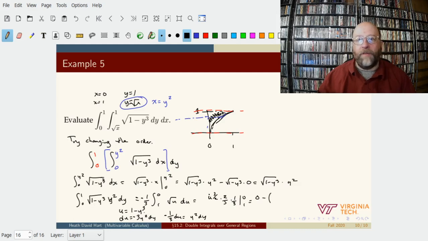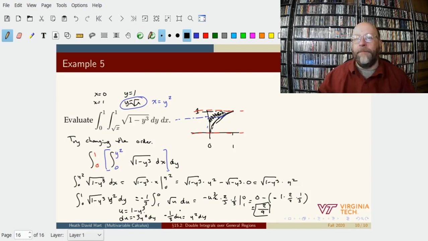And so this is 0 minus a negative. That's what I was missing. 1 times 2/3 times 1/3, which is equal to positive 2/9. I knew the final answer had to be positive. I'm sorry, I realized I made a sign mistake right there.